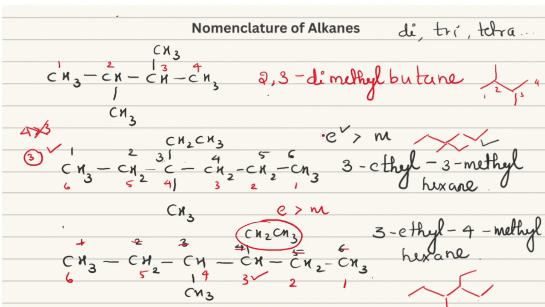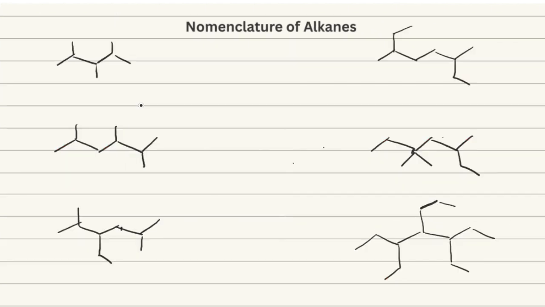Let's solve some more examples. Let's give the IUPAC name for the given organic molecules. What is the first rule? You have to identify the parent chain, that is the longest chain, and then you have to number it either from left to right or right to left depending on the substituents. You can see here, if I number from here, the substituents are going to get 2, 3, 4.